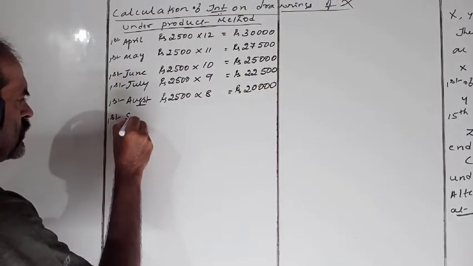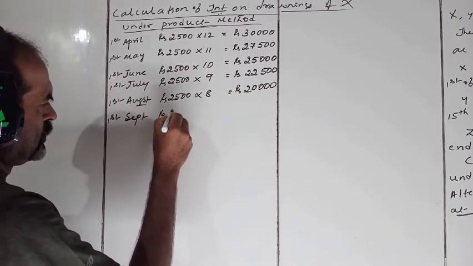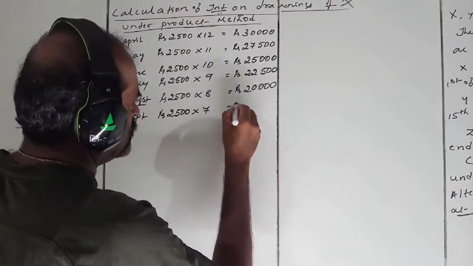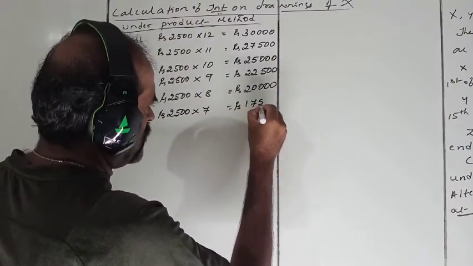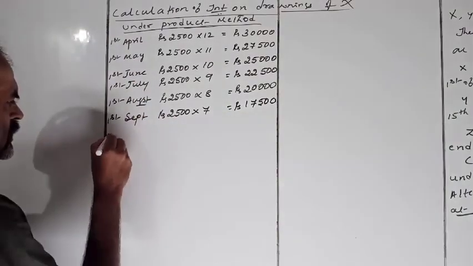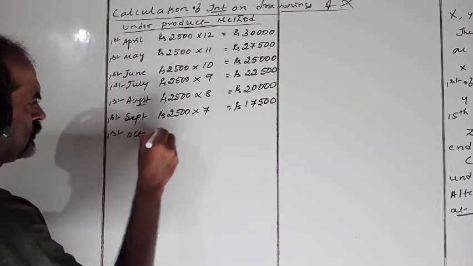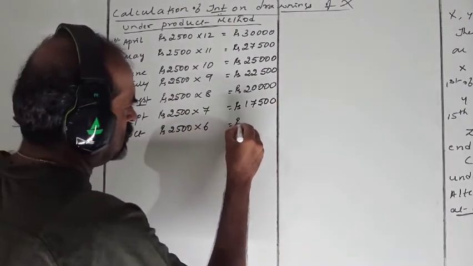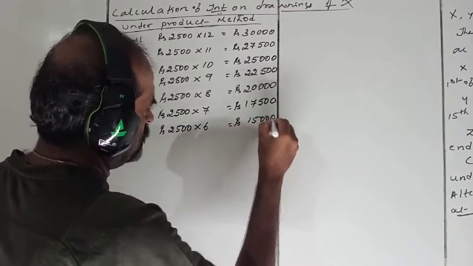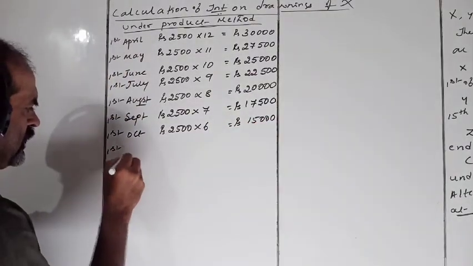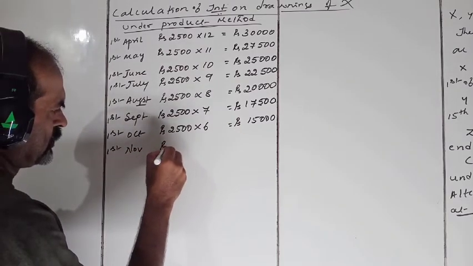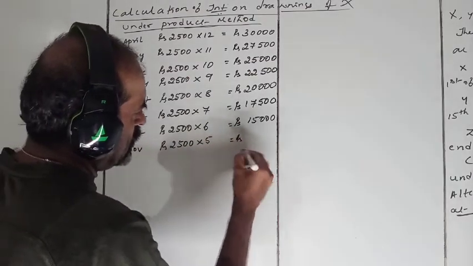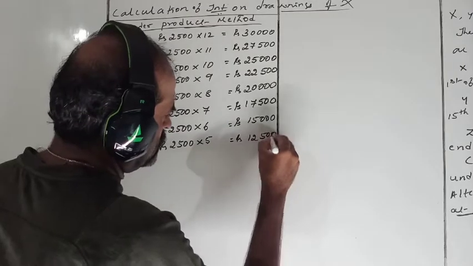Next, 1st September, rupees 2,500 into 7 months, rupees 17,500. The next date is 1st October, rupees 2,500 for 6 months, 15,000 rupees. The next drawing on 1st November, rupees 2,500 into 5 months, rupees 12,500.